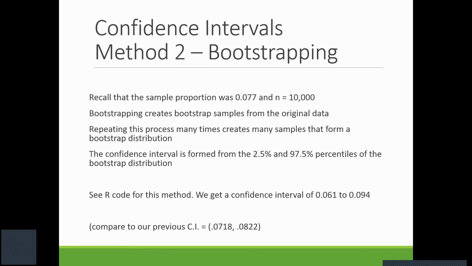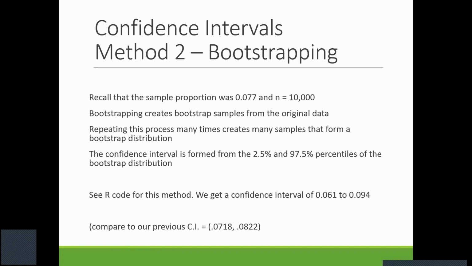So like in StatKey, when we pull a sample and another sample and another sample, and then we can see how they're all distributed, this is the same idea, right? They're going to form a distribution. And then the confidence interval is from the 2.5 percentile to the 97.5 percentile, which puts 2.5% in each tail.